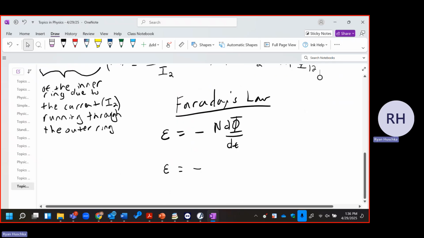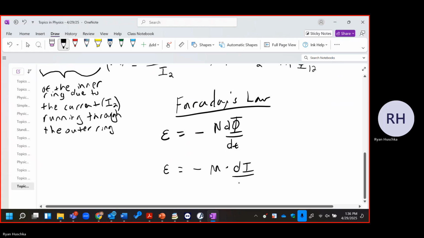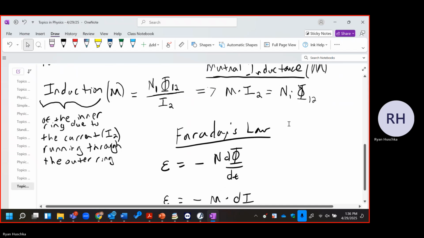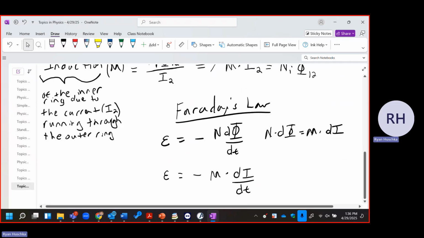So we can make that substitution. N times flux, that's M. That's the substitution right there, which is to say that your number of coils times your magnetic flux is equal to your inductance times your small change in current.